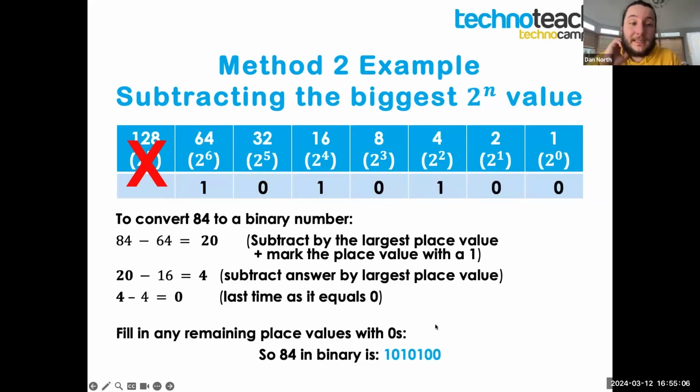Now, personally, this is the method that I prefer, but I am quite mathematically minded and I prefer to just get it done quickly, by sort of brute forcing it in a way. You're just looking at the number and trying to force the answer out of it.